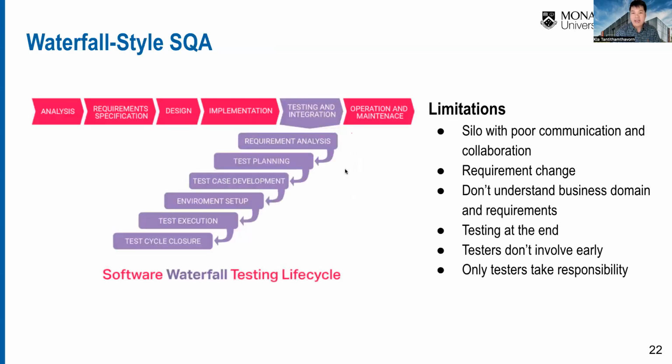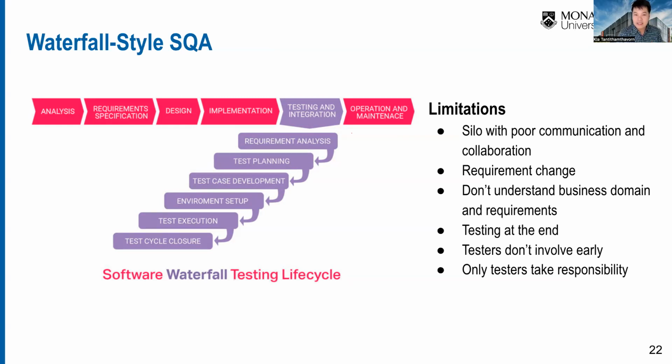And another technique: another software quality assurance and testing approach. This is the waterfall style software quality assurance. As everyone knows, waterfall is very sequential. We start from the analysis, requirement specification, design, implementation, and then do the testing.